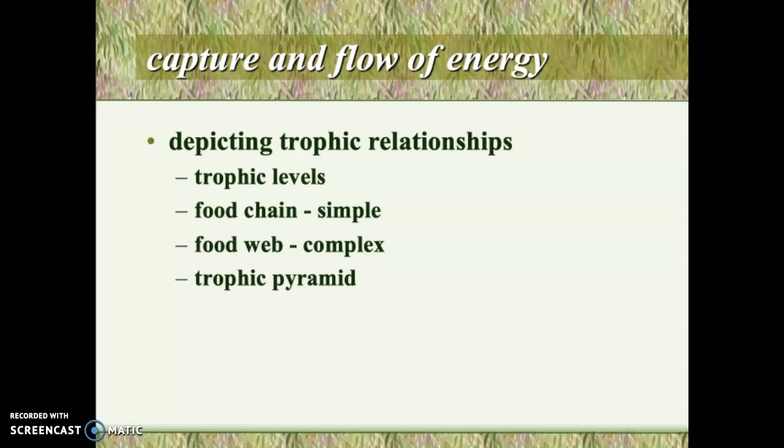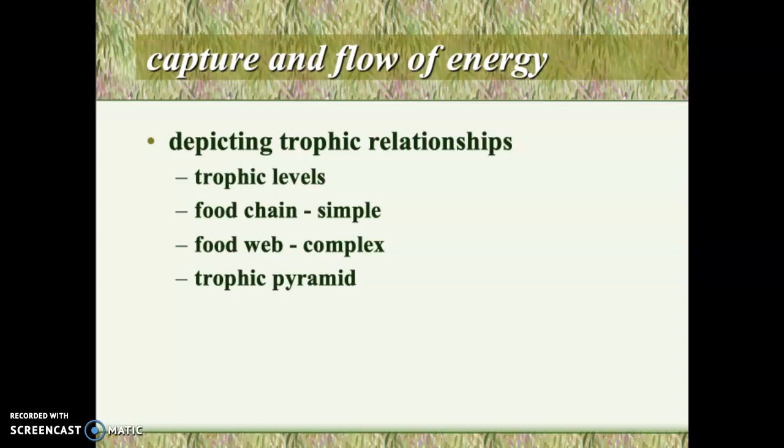And if you look out in the environment, most organisms will consume multiple other organisms and occupy different levels in a web of life or a web of connections with these trophic relationships.